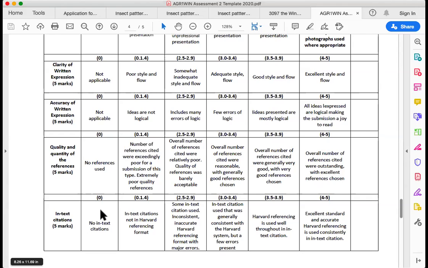So these are virtually free marks if you can organise your work really well. All right, any questions? Okay.